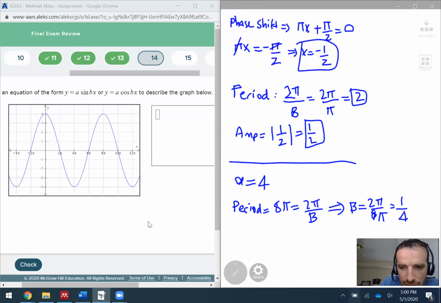So our function will be y is equal to 4 cosine 1 over 4 x.